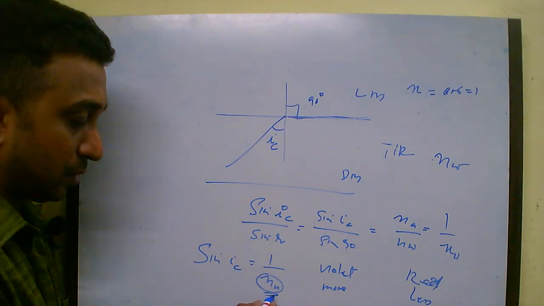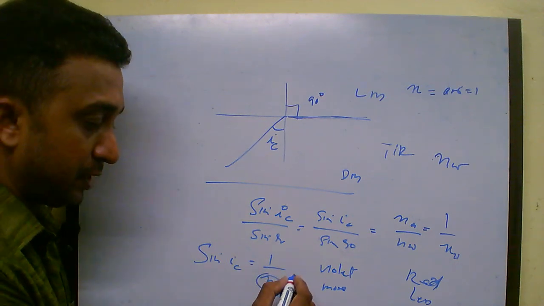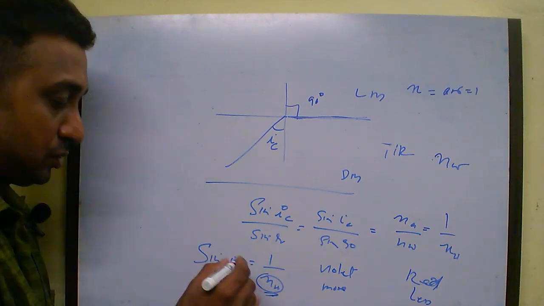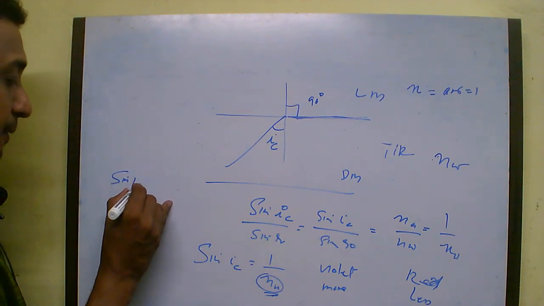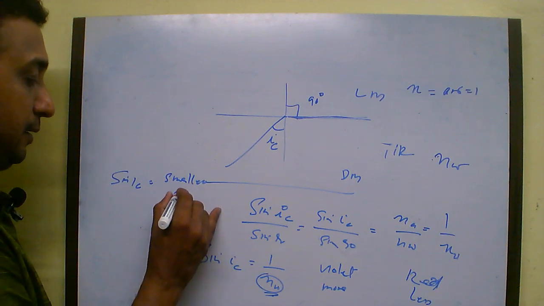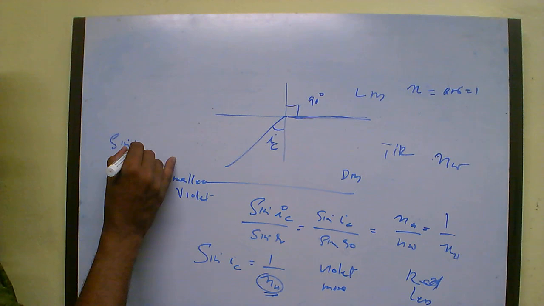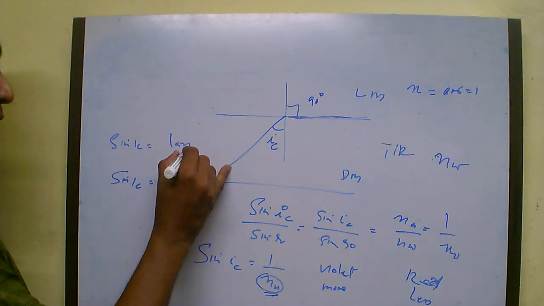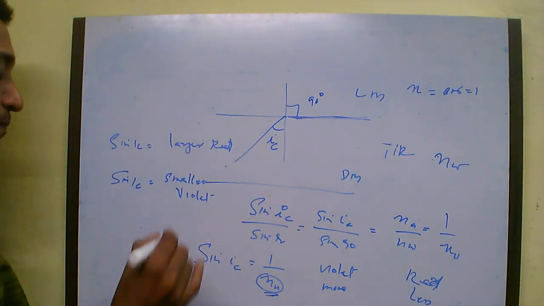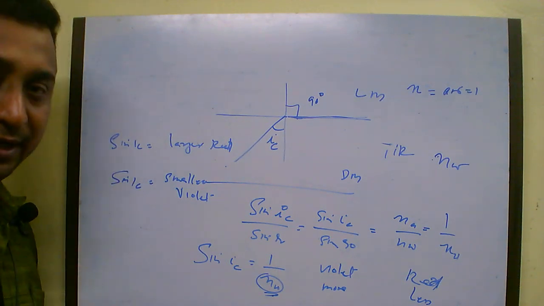So refractive index more means the denominator is more. Denominator more means 1 by denominator will be a smaller quantity. So sin IC will be a smaller value for violet, and sin IC will be a larger value for red. And you know sin's value increases from 0 to 90.